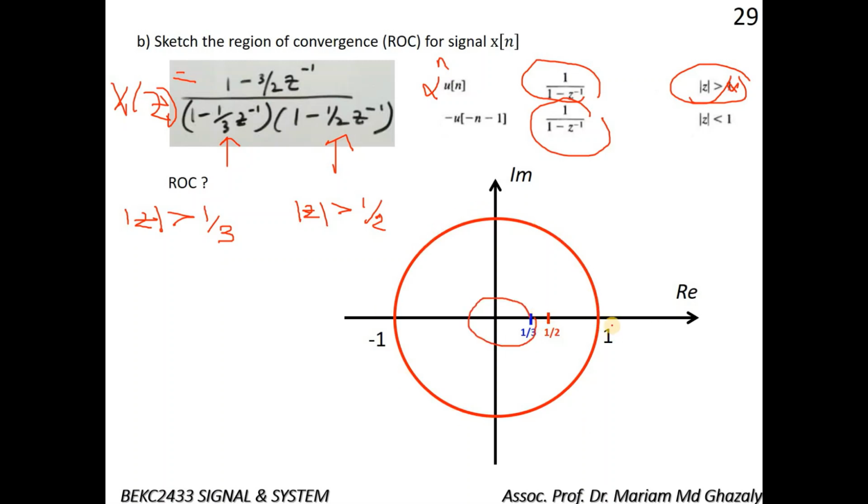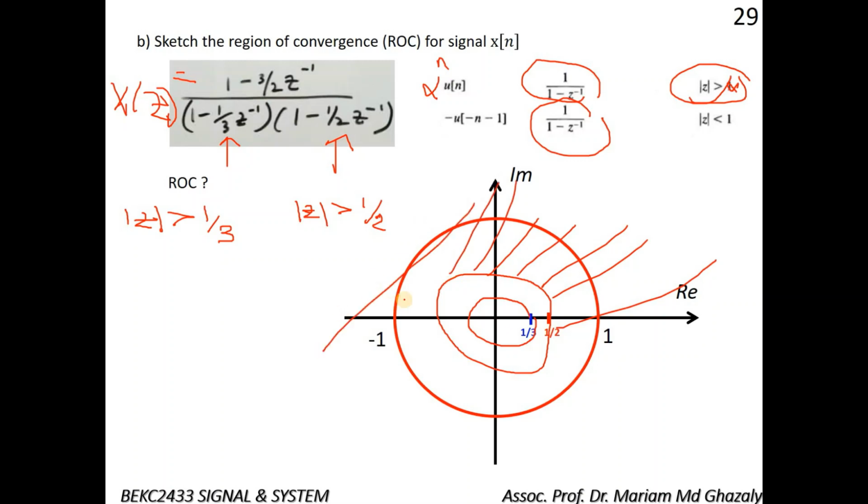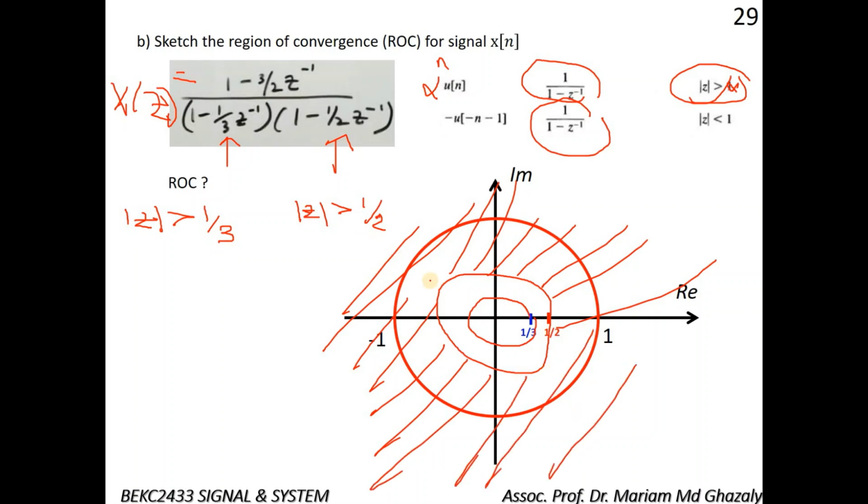You have the unit circle 1, I already drew it. So 1 over 2 is here. For 1 over 2, the ROC is this side. Okay, so I'm going to sketch it: more than 1 over 2. For 1 over 3, I'm going to sketch it in a different direction, like this.